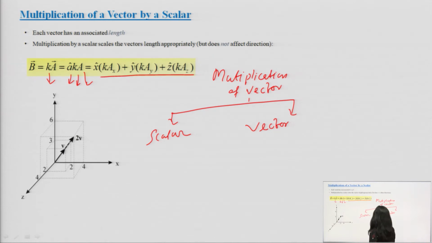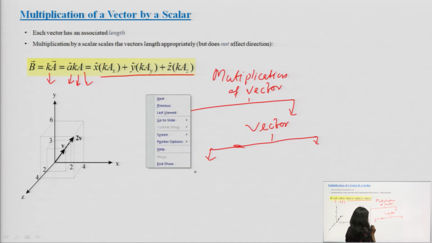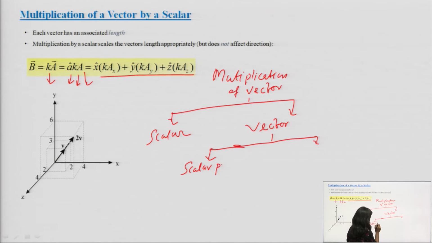Next we will see the multiplication of a vector by a vector. This is of 3 types, but 2 types are more important, that is scalar product and vector product.